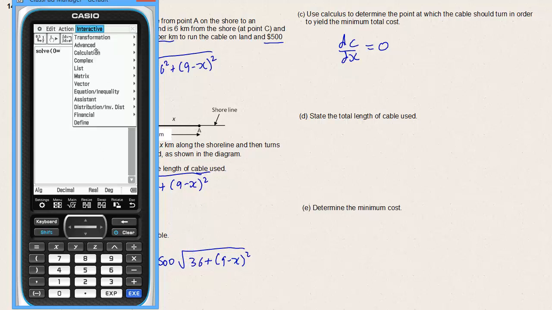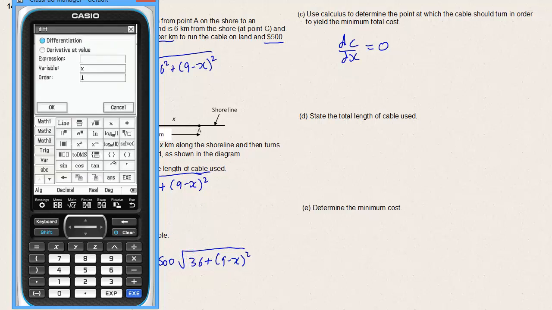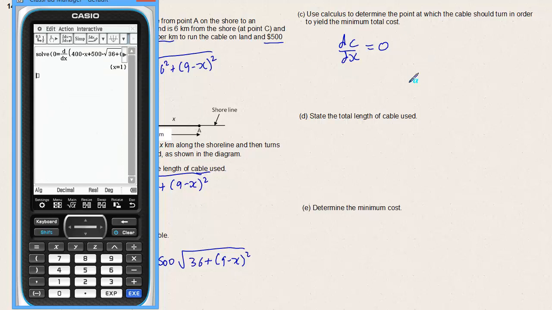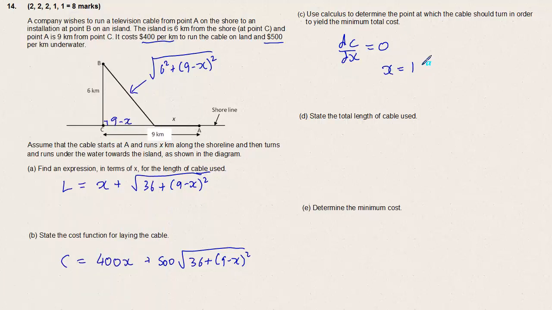So I'm going to go interactive calculation, differentiate, and it's 400x add 500 times the square root of 36 add bracket 9 take away x, all squared. Close the bracket for the square root, and that gives me x equals 1. So x equals 1 kilometer.